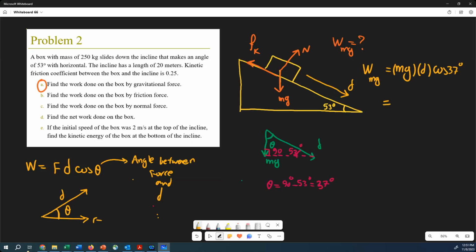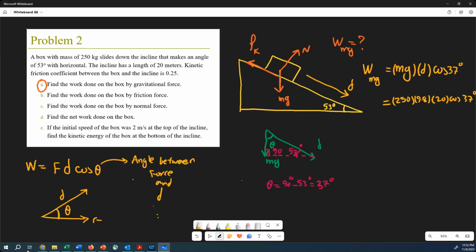What was the mass? 250 times 9.8, g. What is the d? It's 20 meters, times cosine 37. Make sure that your mode is in degrees.